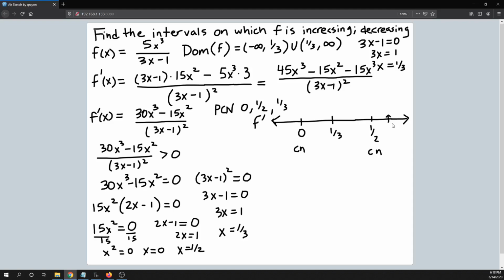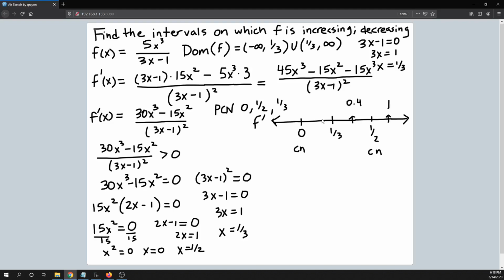On this piece to the right of 1/2, I'm going to pick 1. That's nice and easy. In between 1/3 and 1/2, I am going to have to pick a number that's in between there. So 1/3 as a decimal is 0.3 repeating, and 1/2 is 0.5 as a decimal. So I'm just going to pick some number that I know is in between there. So I'm going to go with 0.4.